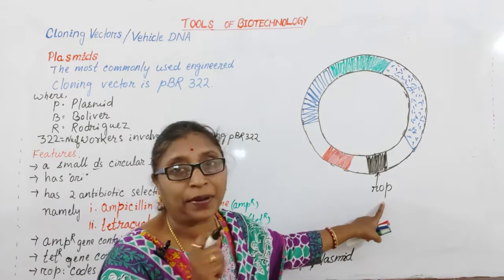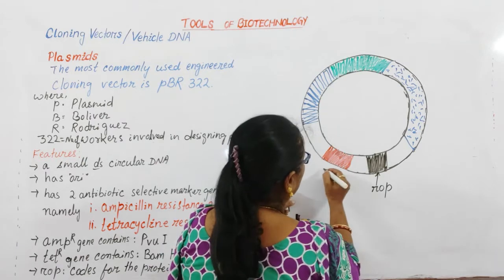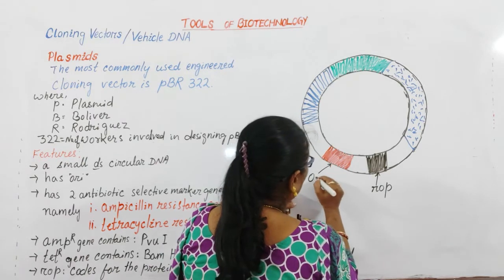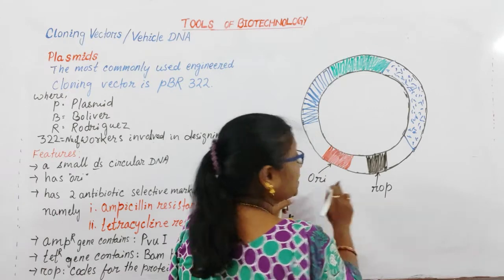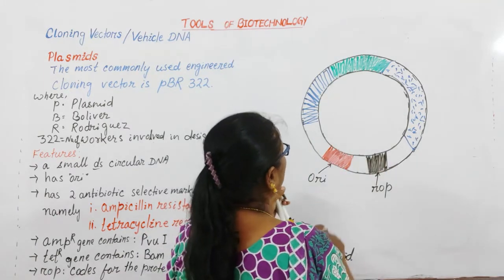ROP, replication of plasmid. This is the origin of replication. From this point it starts replicating.